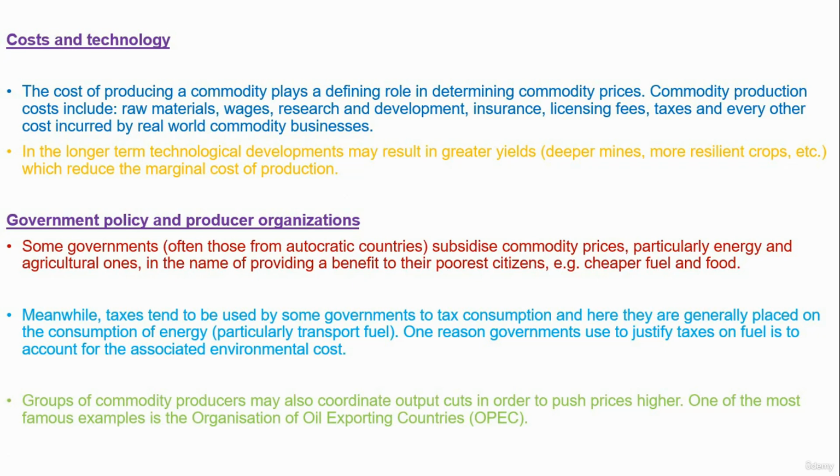Taxes tend to be used by some governments to tax consumption, and they are generally placed on the consumption of energy, which we call fuel. Transport fuel is one reason used to justify tax on fuel, on account of associated environmental costs.